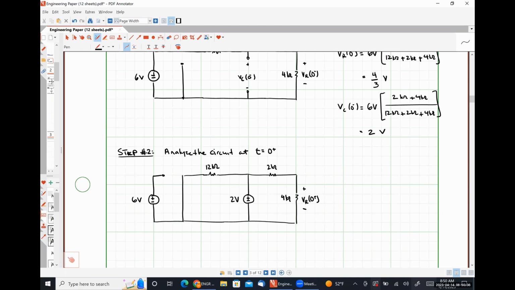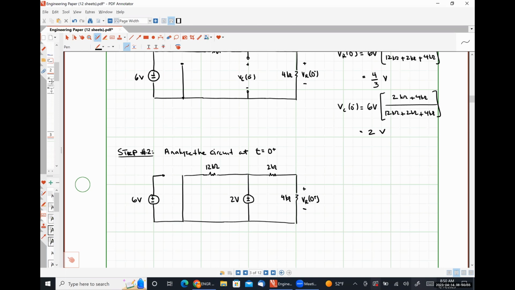So this 2 volt source, once again, is representing the capacitor at this specific instant in time, because the voltage drop across the capacitor is fixed. It cannot be anything other than 2 volts in this case, or we will literally be violating the laws of physics.